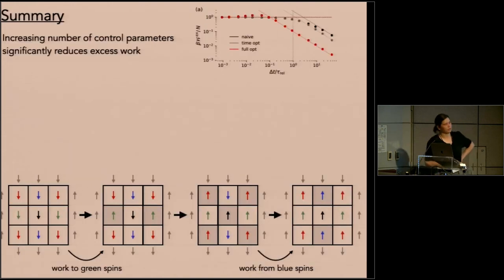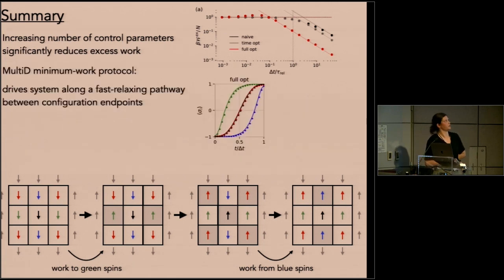So just to conclude, when we're looking at multidimensional control parameter space, there's obviously a lot more flexibility in driving your system, but it also allows you to push on particular degrees of freedom that perhaps have different roles in how the system is overcoming the energy barrier. So we found that these multidimensional control protocols significantly reduce the excess work.